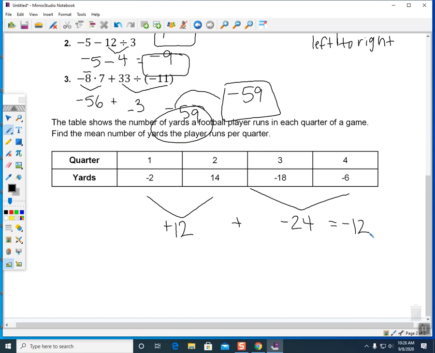That's me just adding up all of my yards. Now I need to take my negative 12, divide it by how many quarters there are, which there are 4. And so I've got negative 12 divided by 4 is going to give me negative 3 yards. That is this player's average yards per quarter.